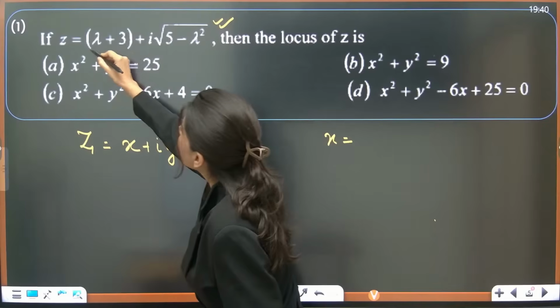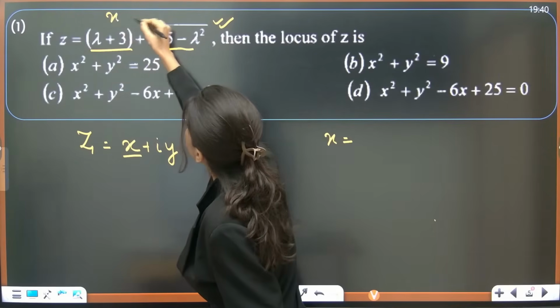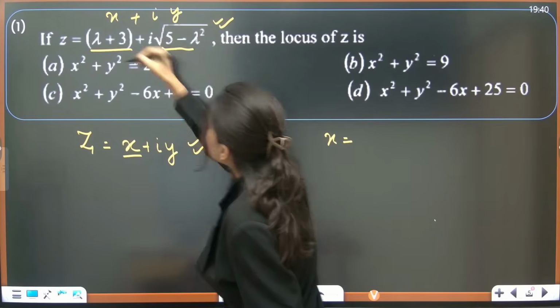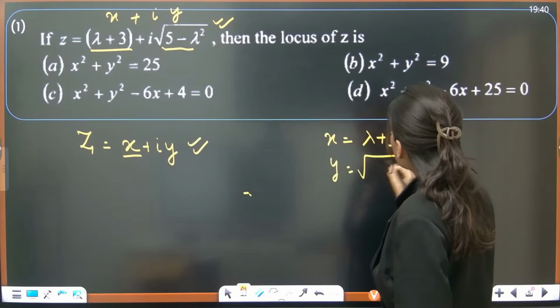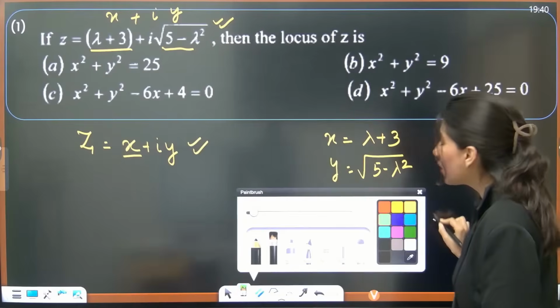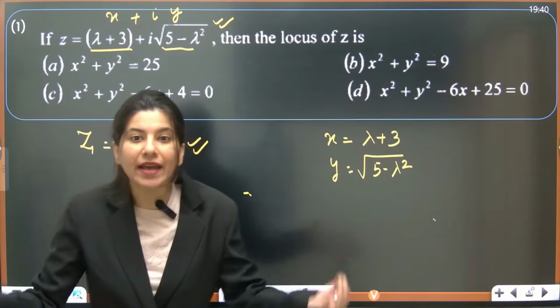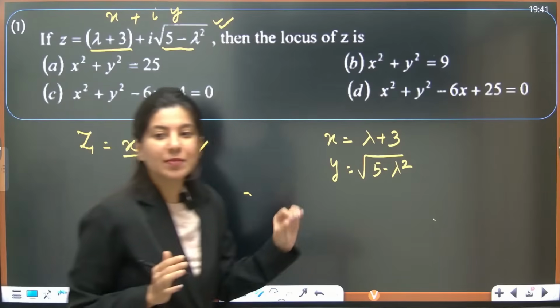So this is the real part, x, and this is your y. See, x plus iota y. x is lambda plus 3, everybody. y will be square root of 5 minus lambda square. Now what are you looking for? You are looking for a relation between x and y. That will be the locus only. Relation between x and y will be the locus.